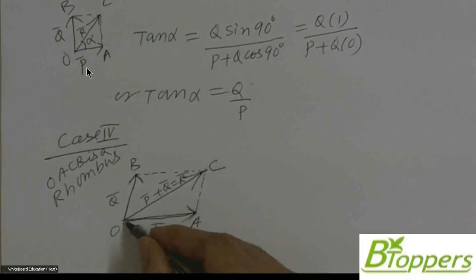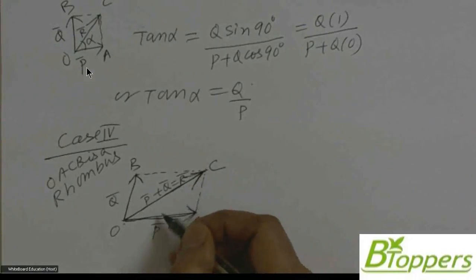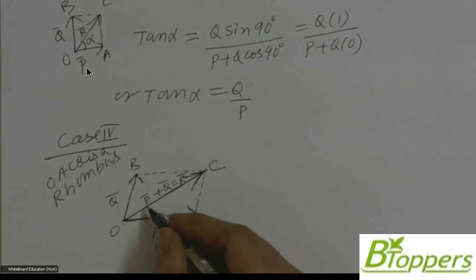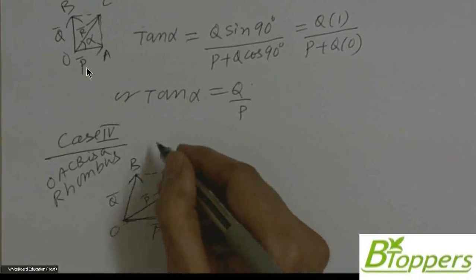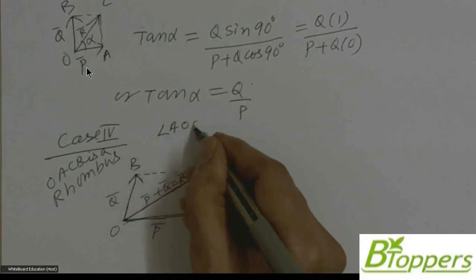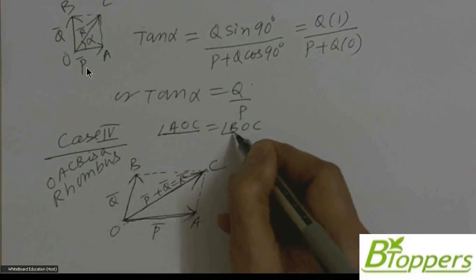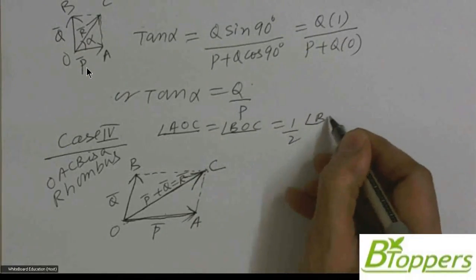As you must be knowing, in a rhombus, the diagonal bisects the angle at the opposite vertices. That means angle AOC will be the same as angle BOC. This is equal to half of the angle BOA.